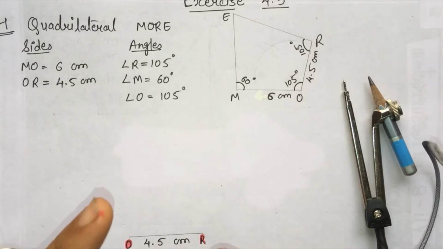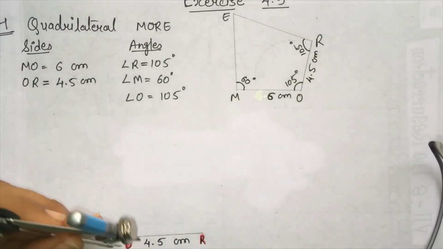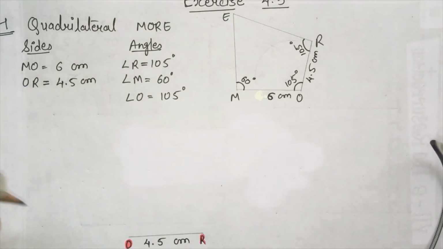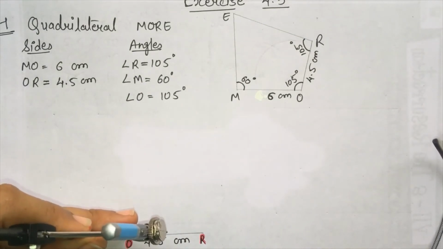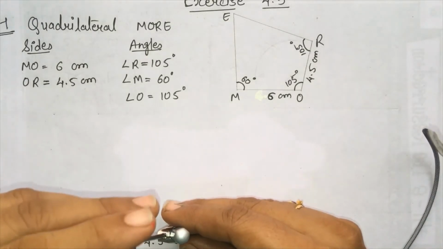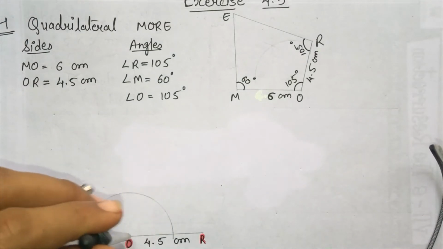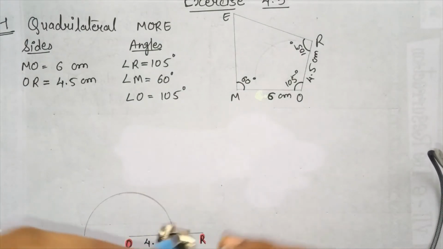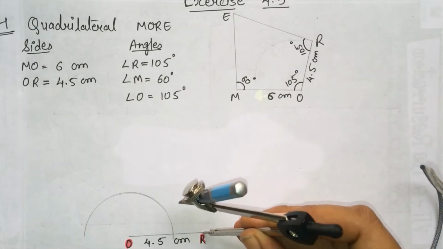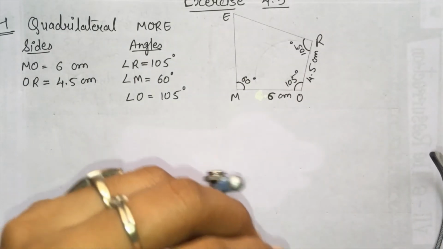So starting with 105 degree angles at point O and point R. So again, as you know, first we will be taking a random radius, and this is our first arc. Same way from R also we will be drawing an arc.